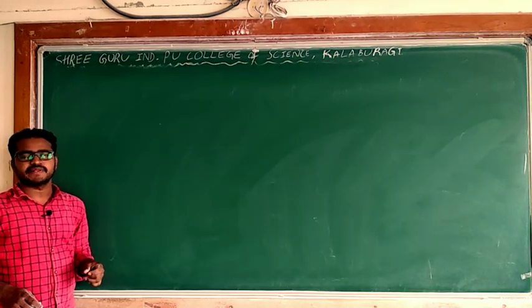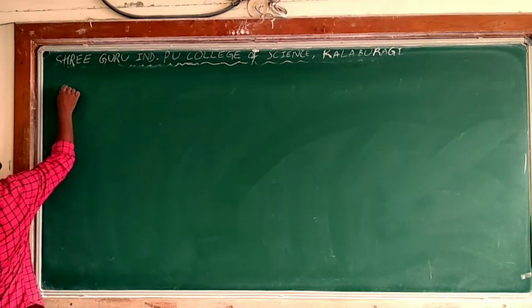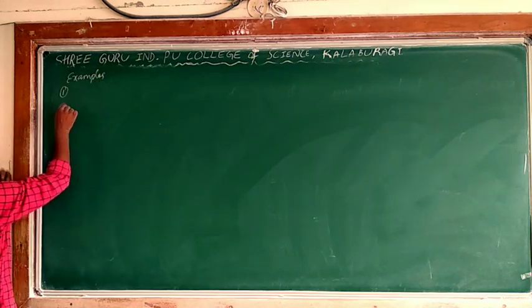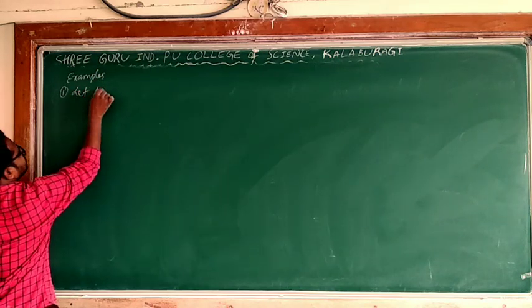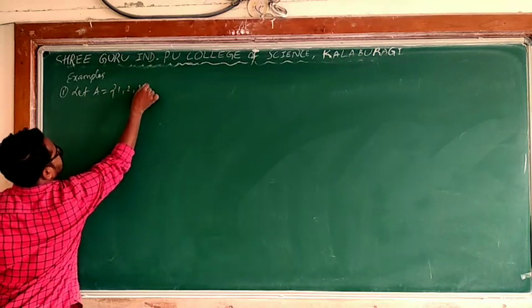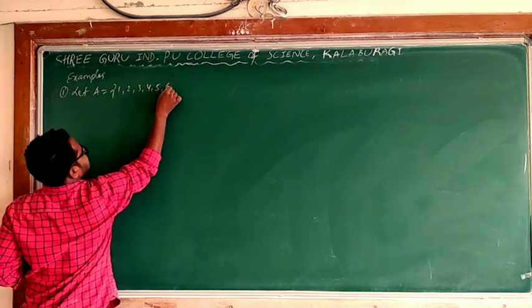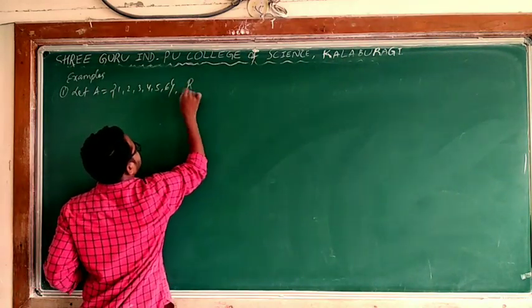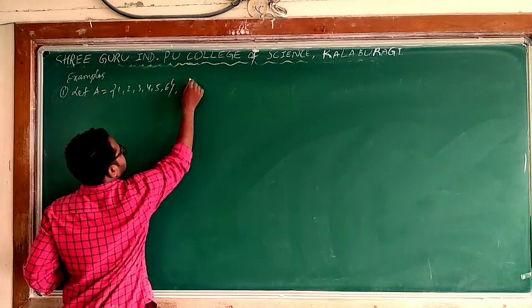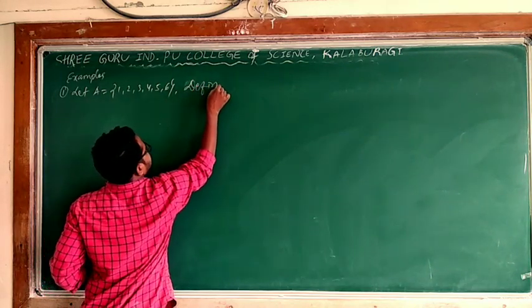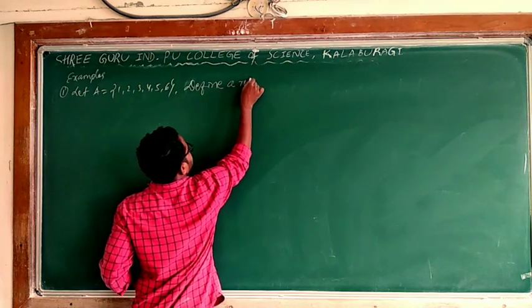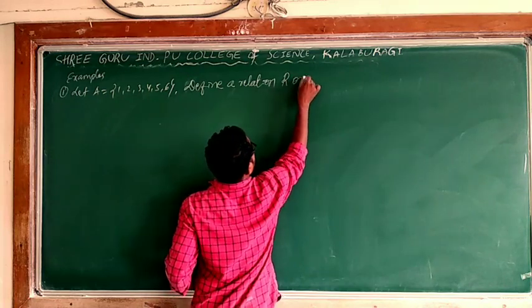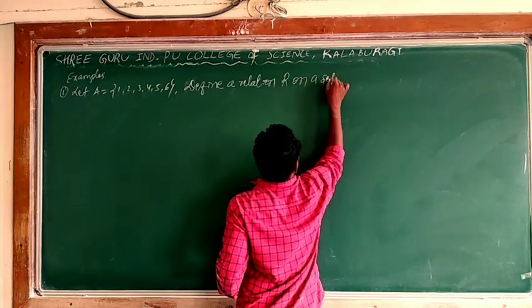Now I will take an example on relation. First problem. Example. First one. Let A is equal to 1, 2, 3, 4, 5, 6.